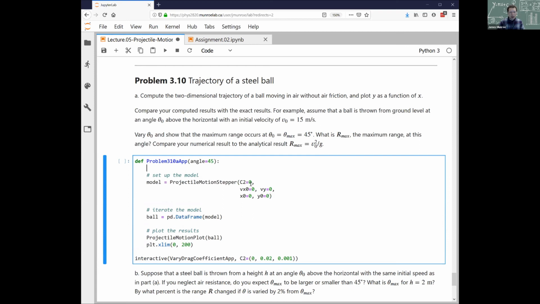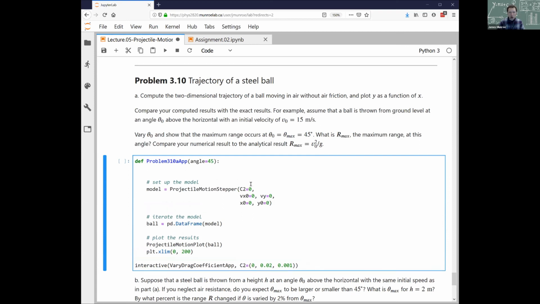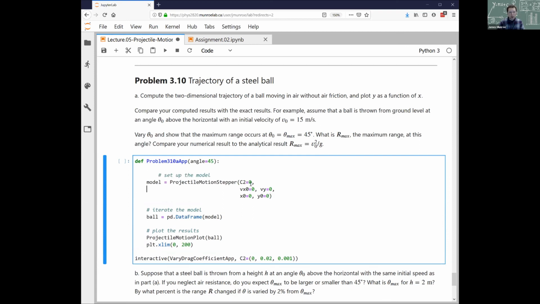And I have to sort of figure out what the code needs to be. I'll put a 7 and a 7 here as a stub, just something to try out. I want to iterate that model, and then I want to show what the solution would look like.